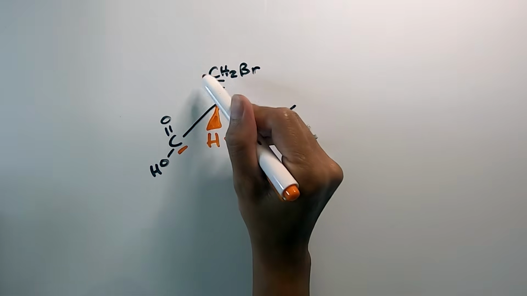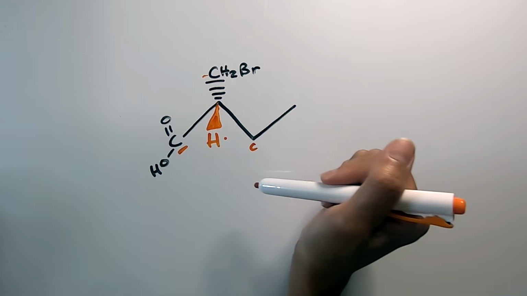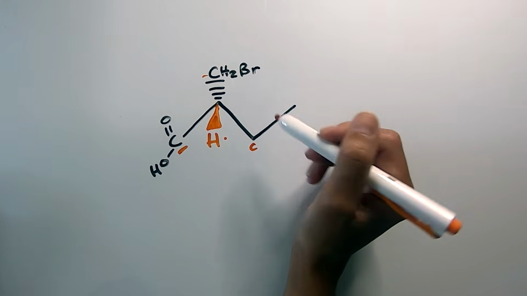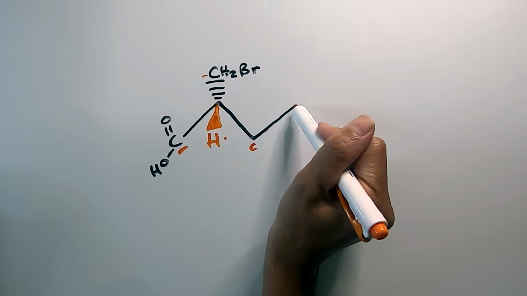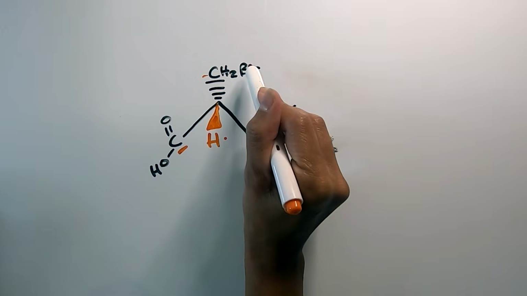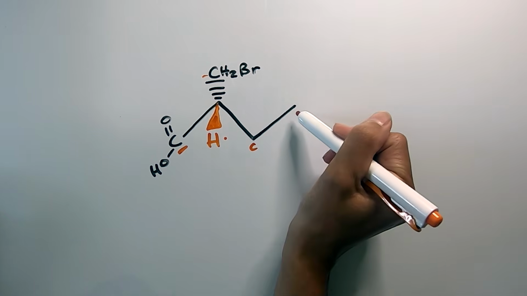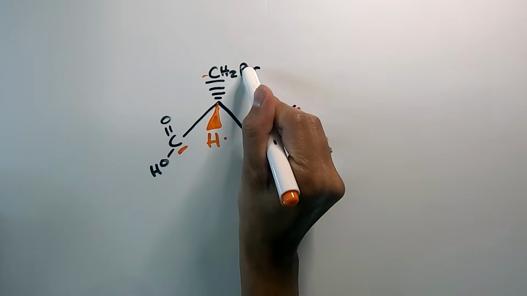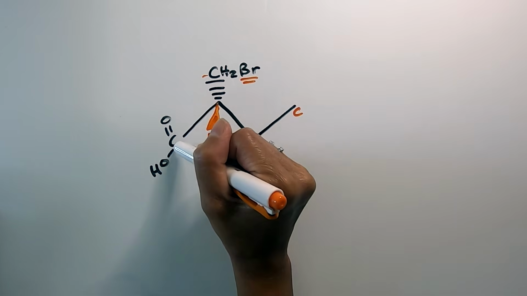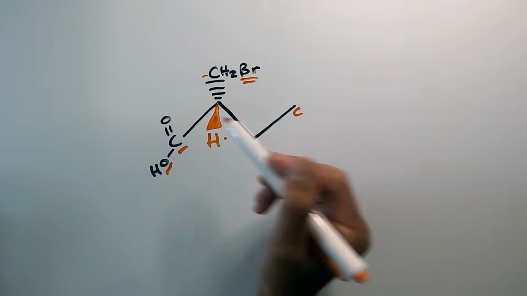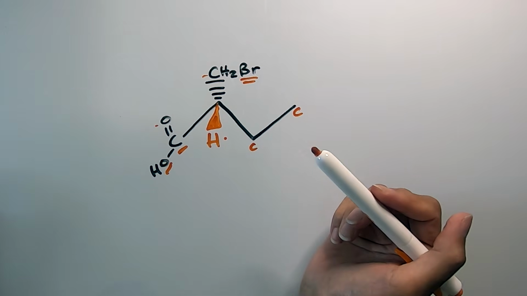So I'm going to decide on priority between these 3 substituents. So I'm going to go to the next attached atom in each direction and see which one has the highest priority and lowest priority. So when I go this way, I have a carbon. When I go this way, I have a bromine. When I go this way, I have an oxygen, or this oxygen is fair game as well.